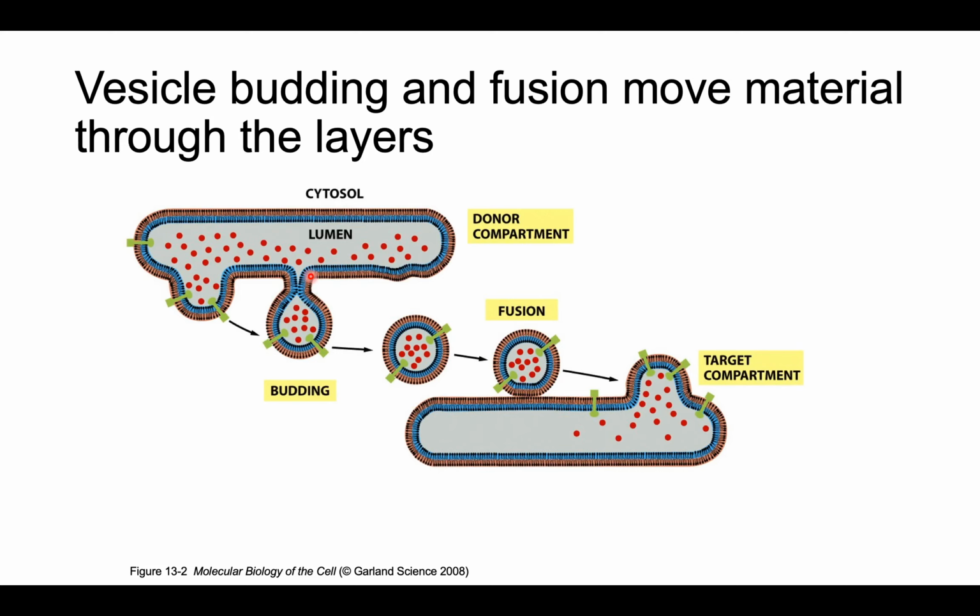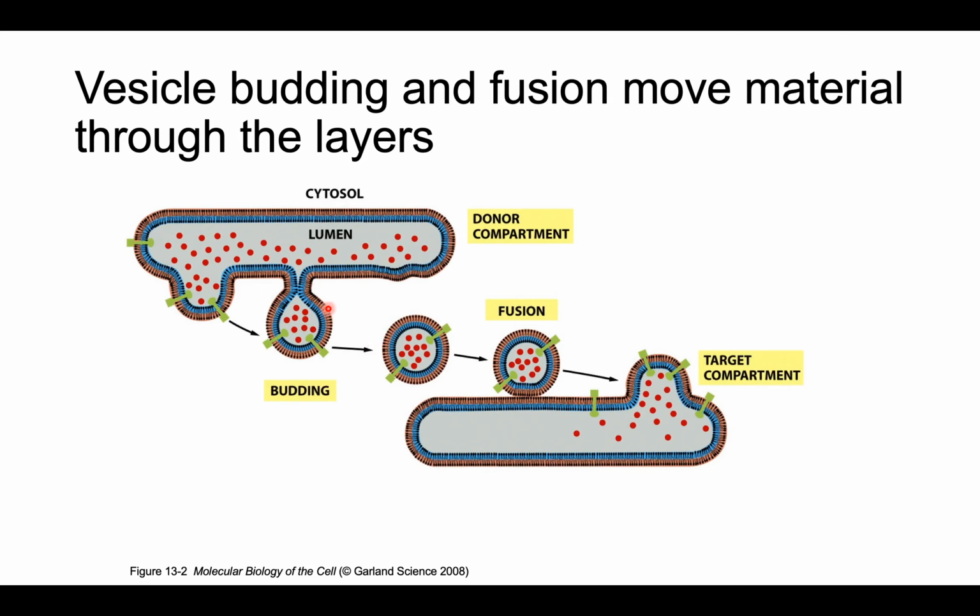We'll have a mechanism for pinching off this piece right here so that it's able to move this way. And instead of just floating through, more often than not, these vesicles are attached to motor proteins that are crawling them along the cytoskeleton. We'll be chatting about the cytoskeleton next week or very soon.